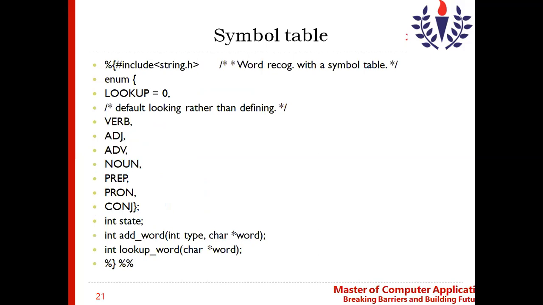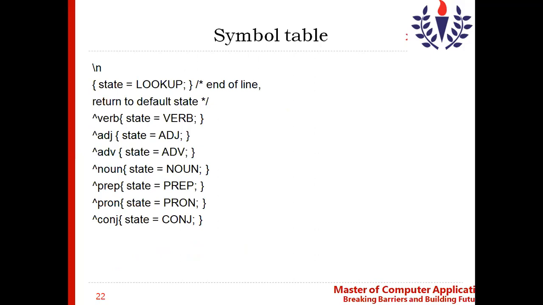So these numbers are assigned to verb, adjective, adverb, and so on. When state is assigned verb, adjective or adverb, automatically the number 1, 2 or 3 will be assigned to state. So state is an integer value which is taken from this enum variable. That is what exactly is happening here.